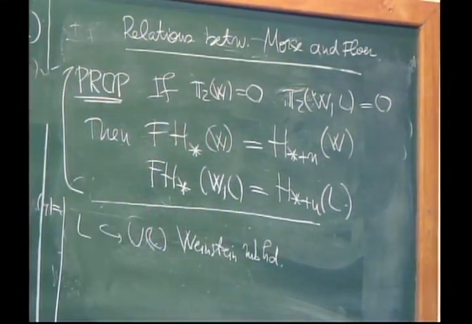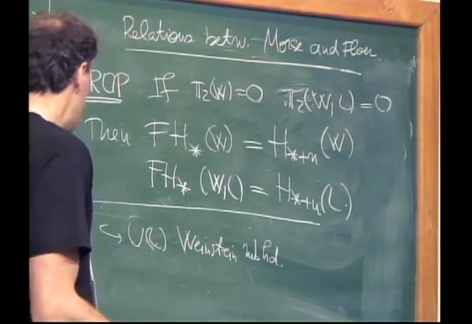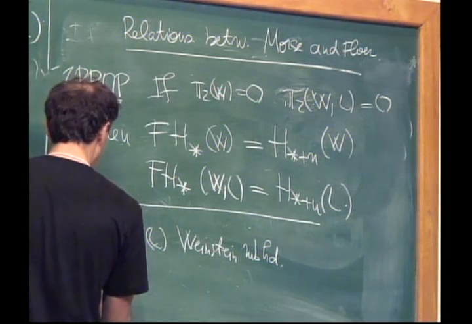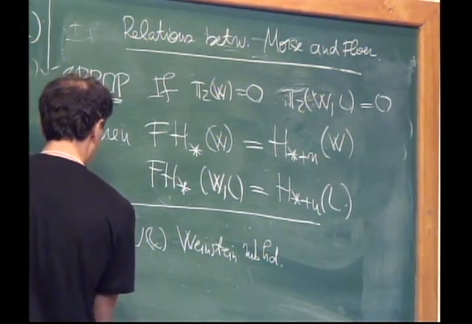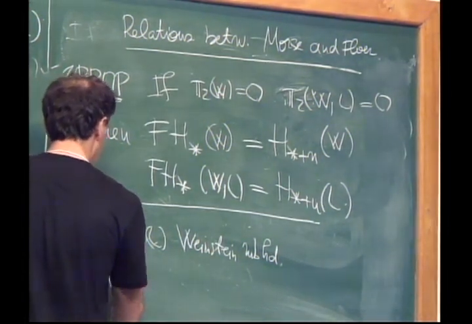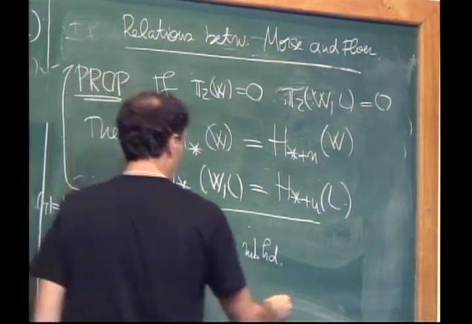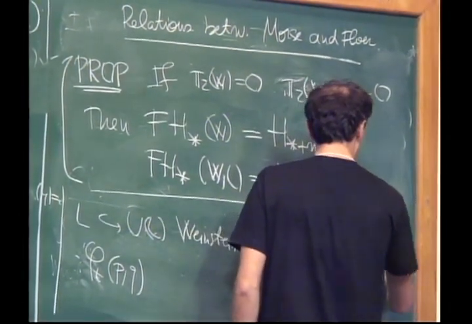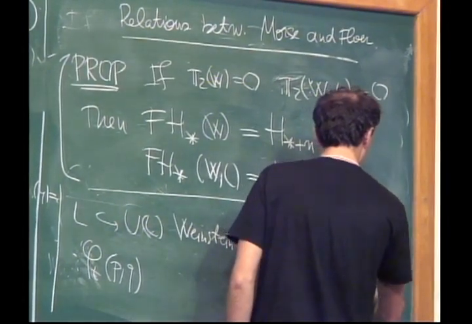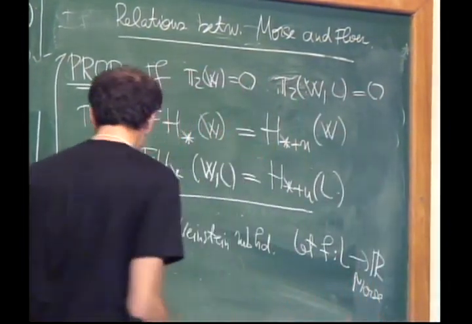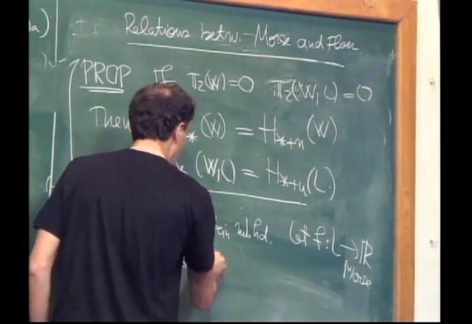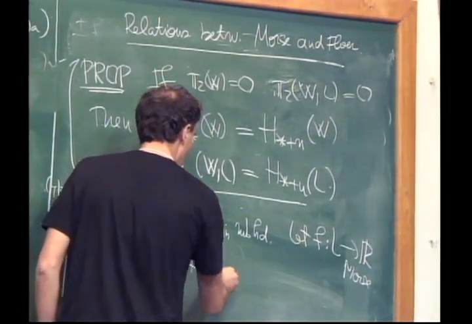Right? And you choose as Hamiltonian isotopy, let's put like this, let F be a Morse function. And as Hamiltonian isotopy, you put the one given by the graph, with the translation with the graph of F.